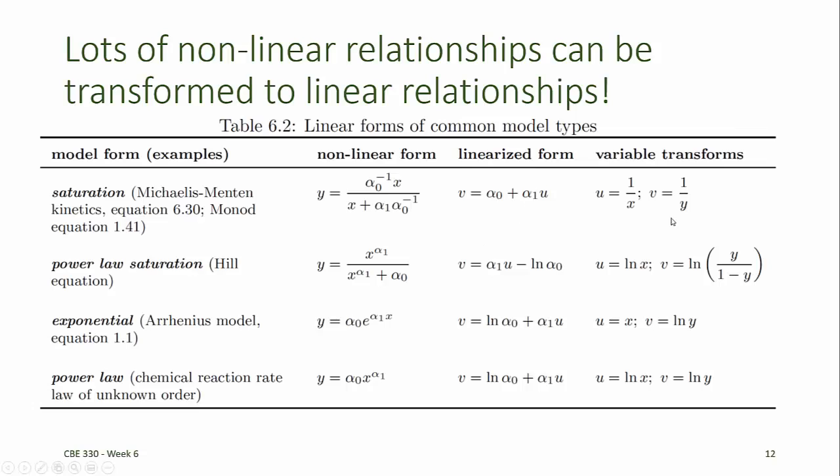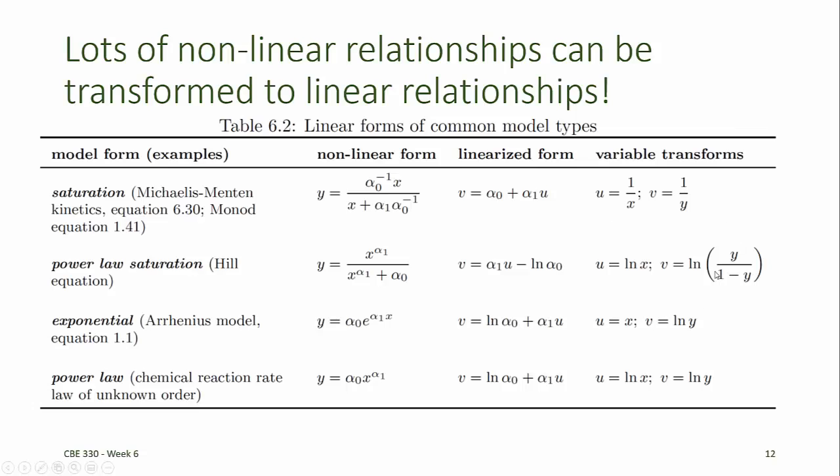If we define u as the reciprocal of x and v as the reciprocal of y, then the relationship between u and v is a linear relationship. We can derive this by taking the reciprocal of the nonlinear form of the equation. Nonlinear power law saturation models can also be linearized by taking the natural logarithm of the equation.